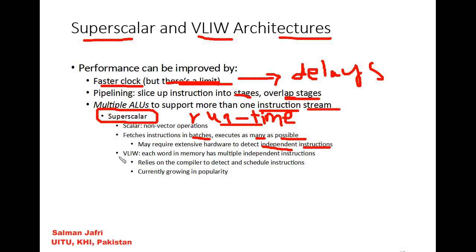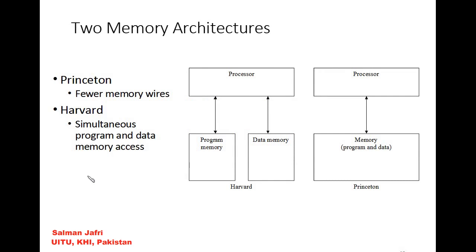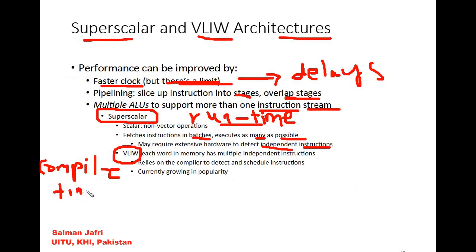On the other hand, VLIW, very large instruction word, makes use of a compile time arrangement to make these decisions. What do we mean? That all those decisions about independent instructions and sequential instructions are done during compilation.